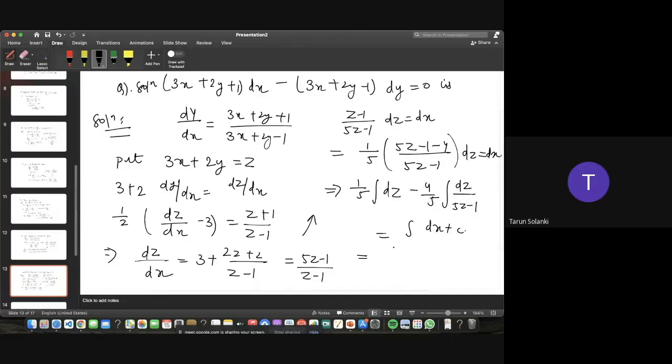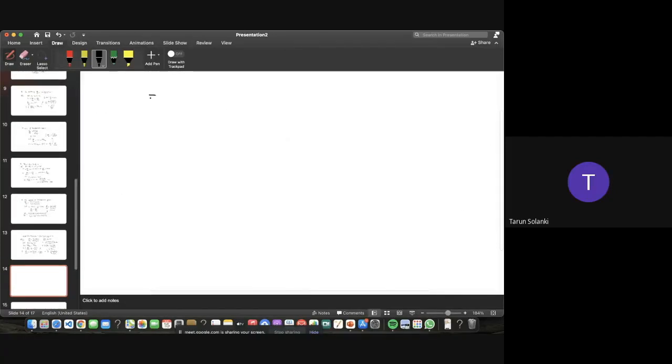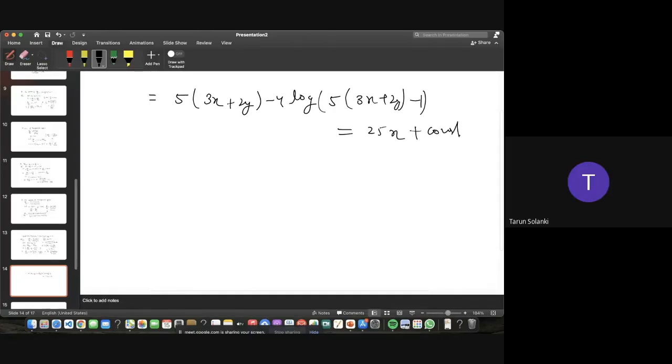So finally z/5 - (4/25) log(5z - 1) = x + constant. The final answer becomes 5(3x + 2y) - 4 log(5(3x + 2y) - 1) = 25x + constant.